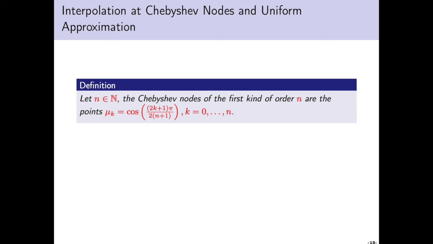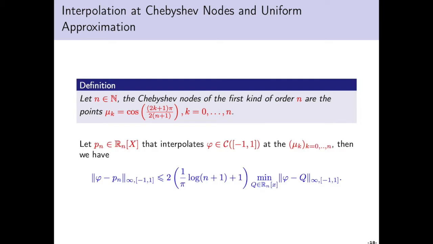So they are these guys. Why are they interesting? Well, the polynomial that interpolates a function at Chebyshev nodes is actually an excellent approximation with respect to the uniform norm.